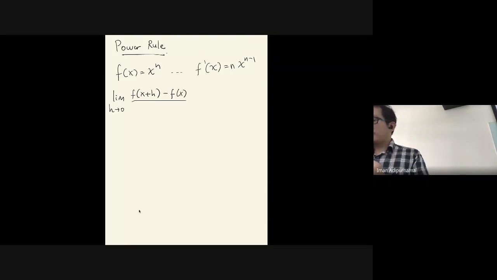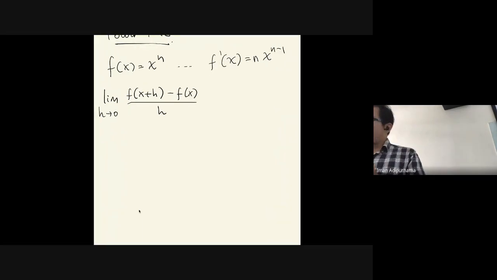Maybe in your textbook or in the exercises, you will see some problems saying calculate derivatives by definition, by limit definition, which means these definitions. This is called the limit definition of derivative.